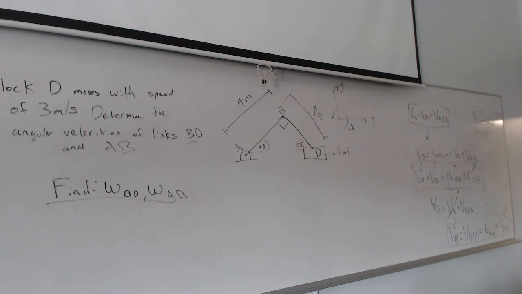In the problem, the length BD is given as 0.4 meters, so we have that. We know this angle right here is 45 degrees from the problem. This angle is the exact same thing as this one right here. That angle is that angle.